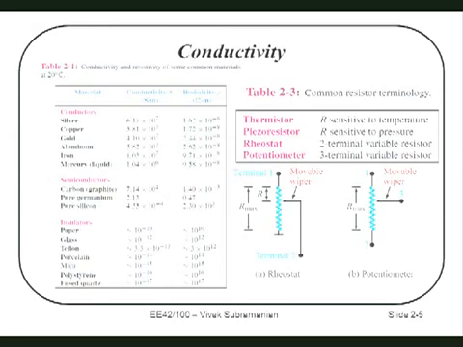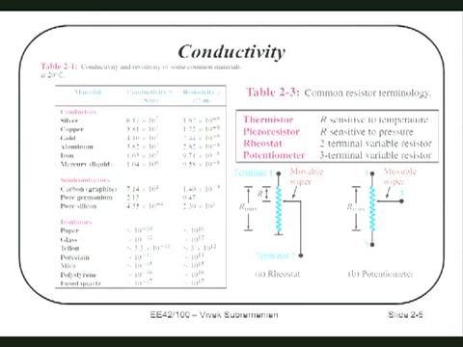An important insulator might be polystyrene or Teflon, glass as well. And you see, these have resistances which are 10 or 20 orders of magnitude higher. The resistivity of glass, for example, is 10 to the 12. The resistivity of copper is 10 to the minus 8. Huge difference. Orders of magnitude difference in resistivity.